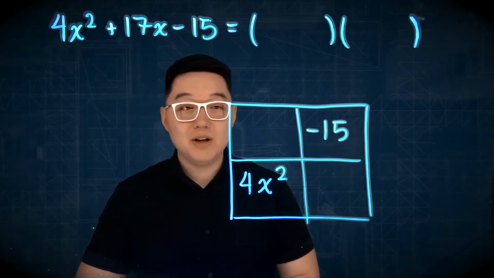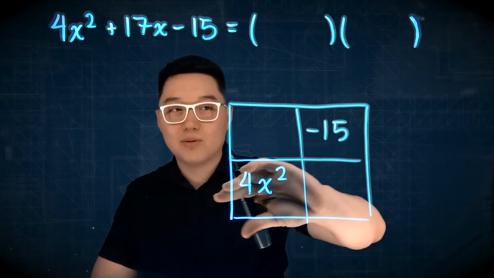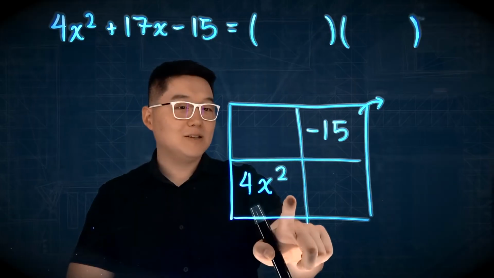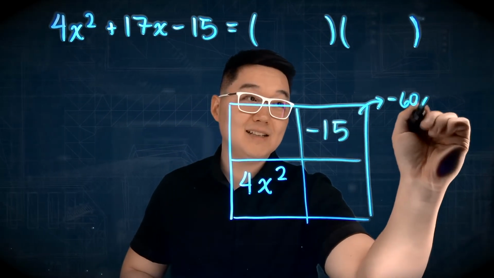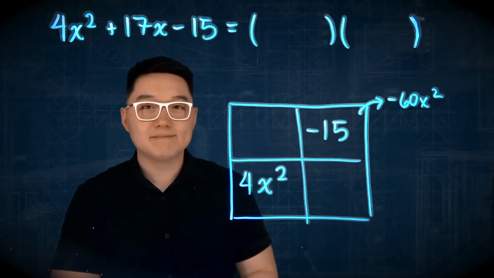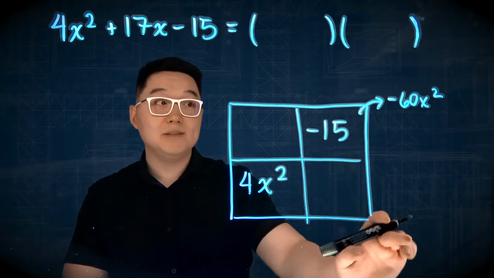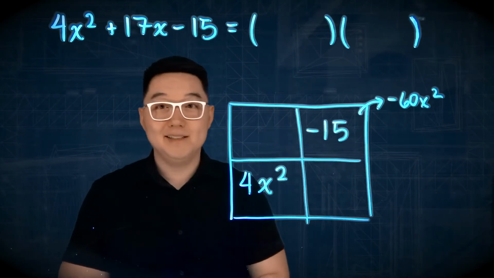But we also know that the product of that diagonal has to be equivalent to the product of the other diagonal. In this case, when we do 4x squared times negative 15, we have negative 60x squared. That means these two must also multiply to be negative 60x squared, but when you combine them, it has to be 17x.